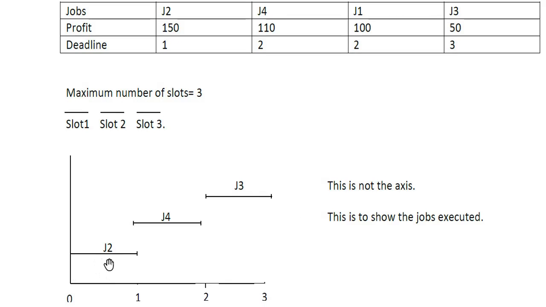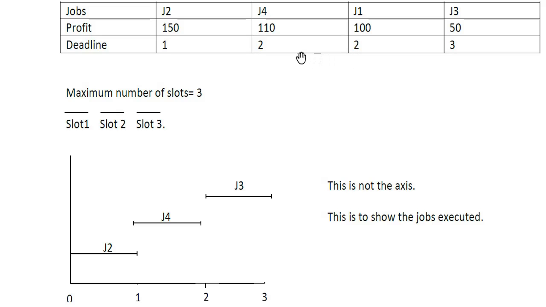So first I am going to execute job 2 in slot 0 to 1. I have done 1 slot, 1 hour. Now I am remaining with 1 unit here, 1 unit here and 2 units here. So there is a clash between job 4 and job 1 now, which is to be executed.